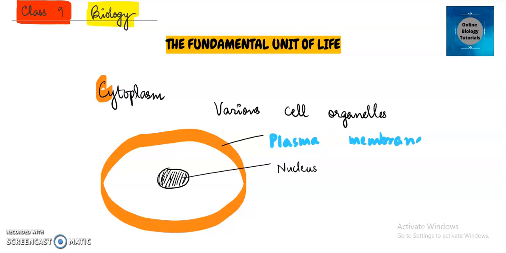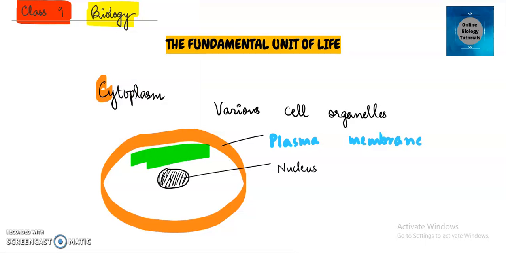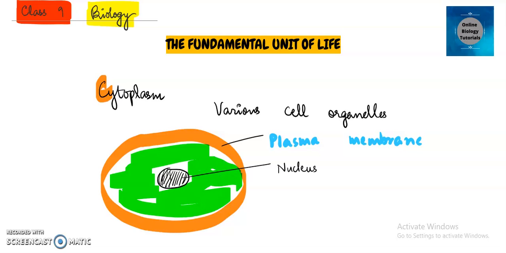Now you can see that there is a gap between the nucleus and the plasma membrane, and this gap has been colored as green, right? Now what is this? This is the cytoplasm. Okay, this is the cytoplasm.